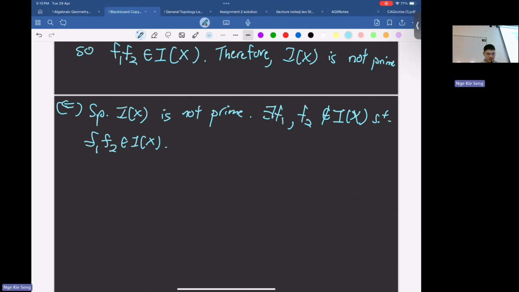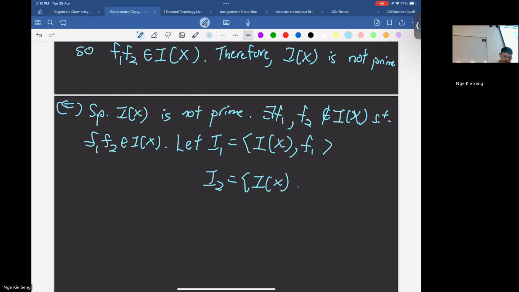It's really similar to how we came forward just now. We look at I1 generated by I(X), comma f1, and we let I2 be the ideal generated by I(X), comma f2.